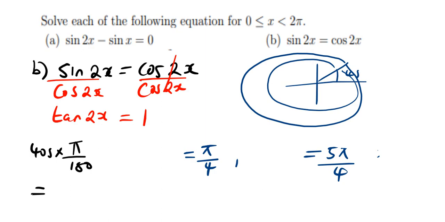Let me just use a calculator first. So this is 9 pi over 4. Is it? Let's see.